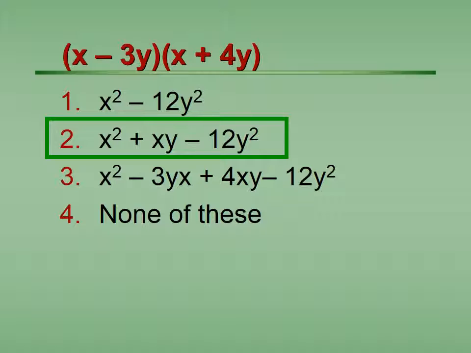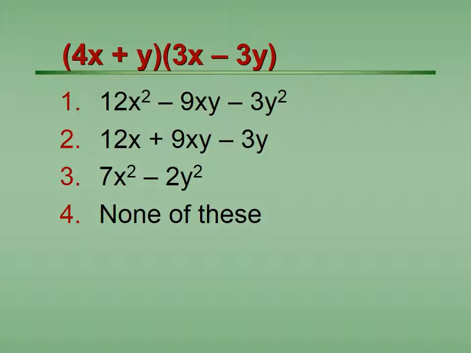The O is the outside terms, which is x and 4y, which is 4xy. Then you did your inside terms, which is negative 3xy. So 4xy minus 3xy is just 1xy. And then you did your last terms, so negative 3y and 4y, which is negative 12y squared, which is option 2.